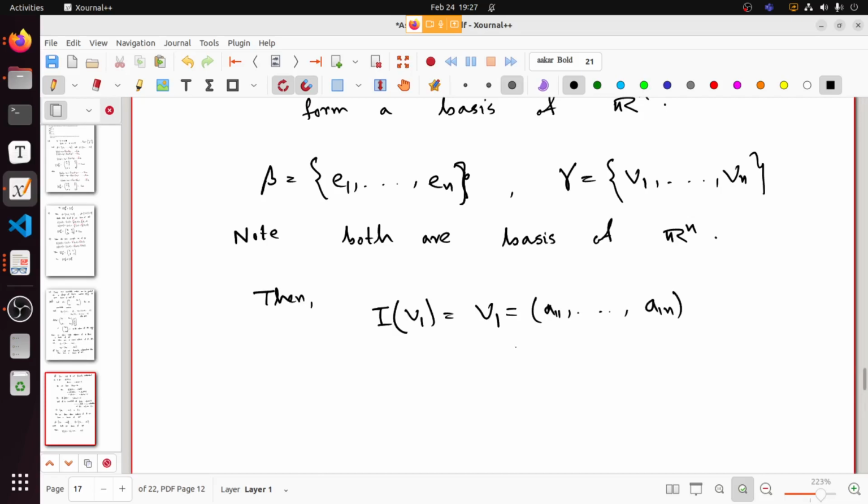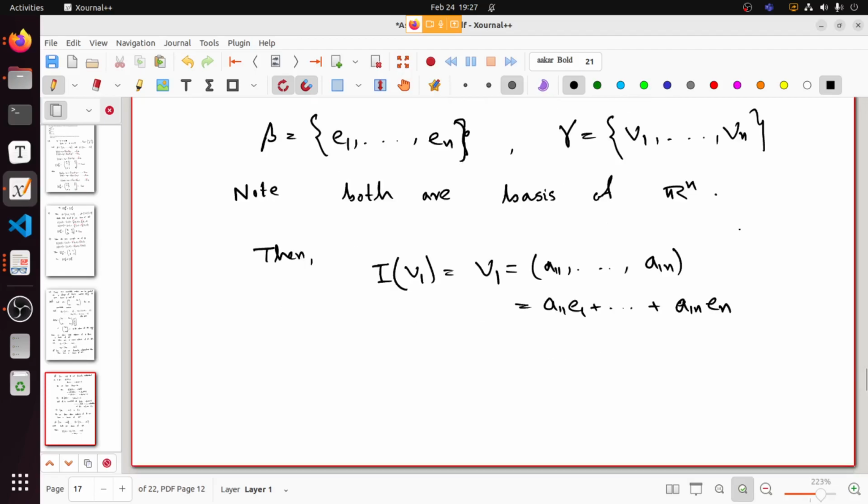So this you can write as a11 e1 + ... + a1n en. Similarly, how can you write this? You can write I of vn, the identity map, which means vn, which is (an1, ..., ann).